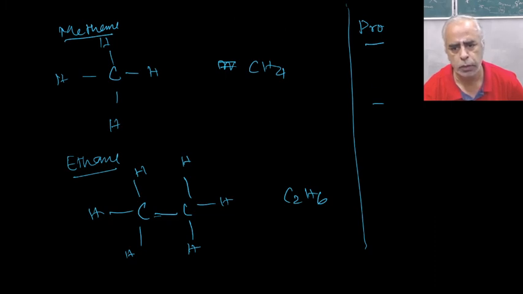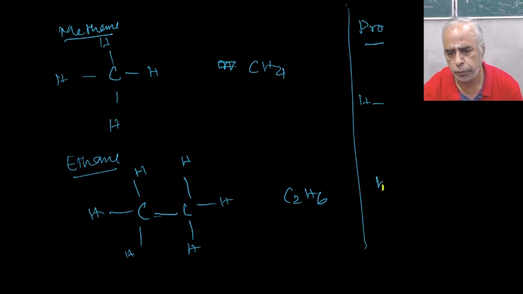So valency 1, 2, 3, 4. That is how I write the CH bonds and CC bonds. Clear? So this is the way you write the structural formula. Are you able to understand? Now count: C3, H 3 plus 3, 6 plus 2, 8, C3H8.